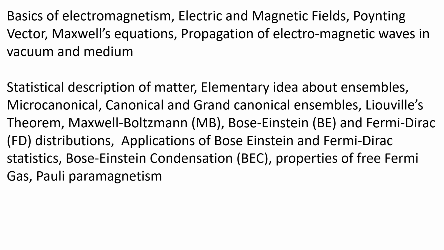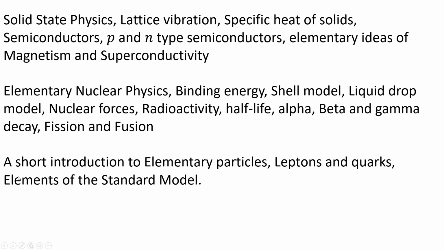These are known as the different classical and quantum statistics, application of Bose-Einstein and Fermi-Dirac statistics, Bose-Einstein condensation, properties of free Fermi gas, and as an example we shall see Pauli paramagnetism.